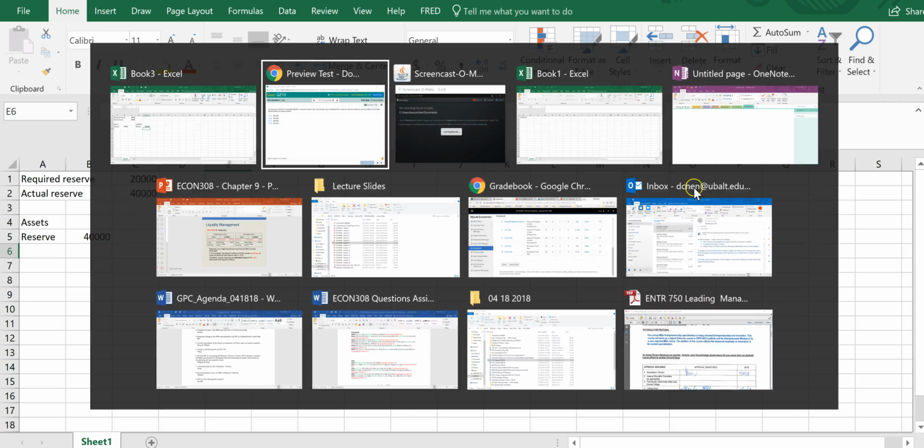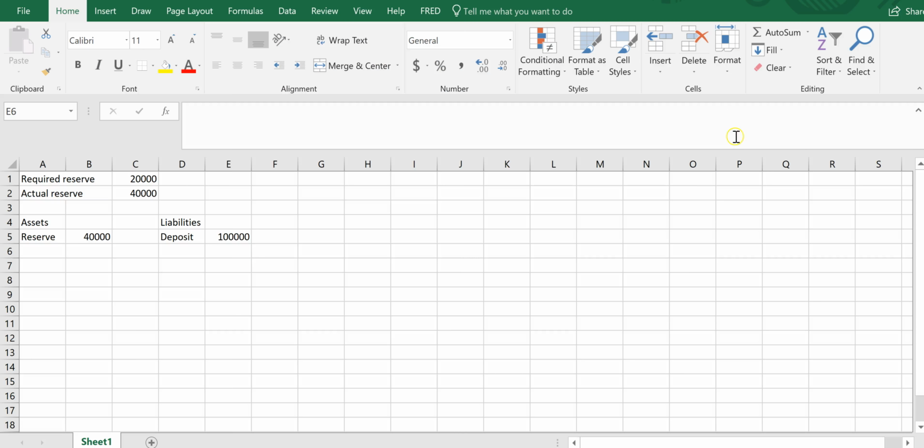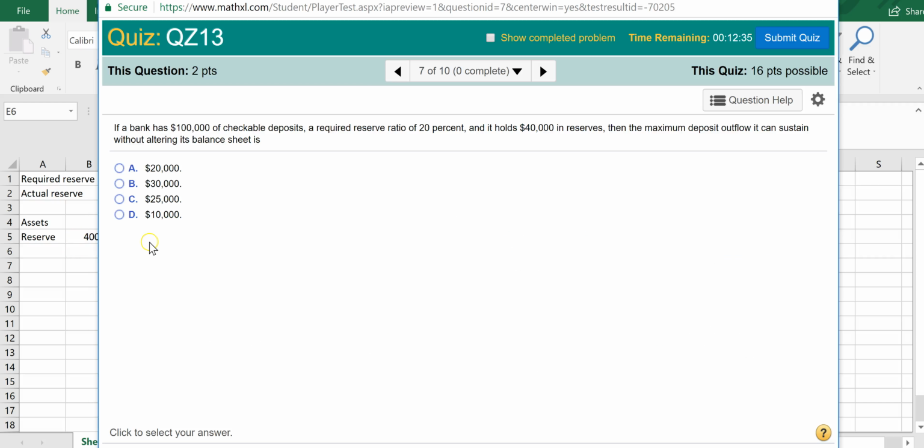If there's some deposit outflow, it means that some depositors decide to withdraw money from the bank, and the bank has to pay them. How can the bank pay them? They have to use their reserves, out of this $40,000, because reserves could include vault cash.